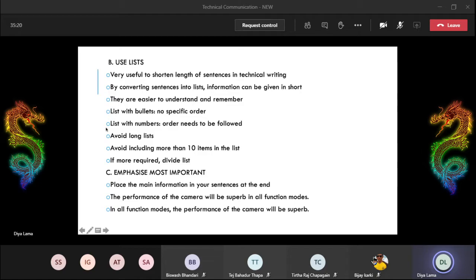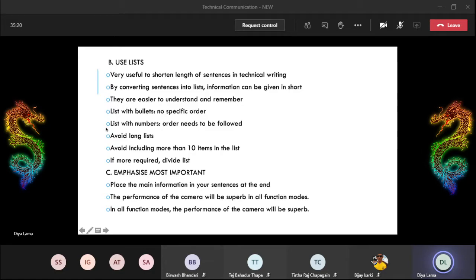So whenever you're writing something normally, it's always better to use bullets. Right? Bullets are the most used. They would avoid using numbers. Only use them when you have to write something step-wise, then it is better to use numbers. At other times, always use bullets.